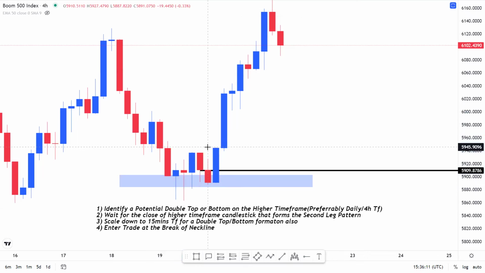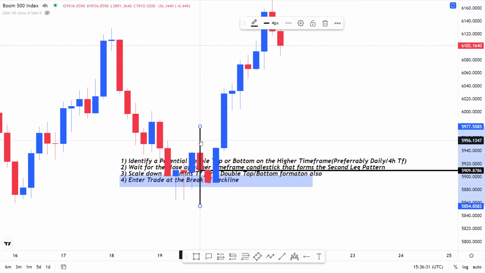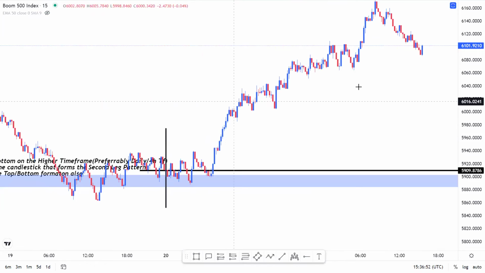Now this is where, as soon as I identified the 4-hourly rejection from the support level forming the second leg of our W pattern, moving down to the 15 minutes time frame, which is my execution time frame.